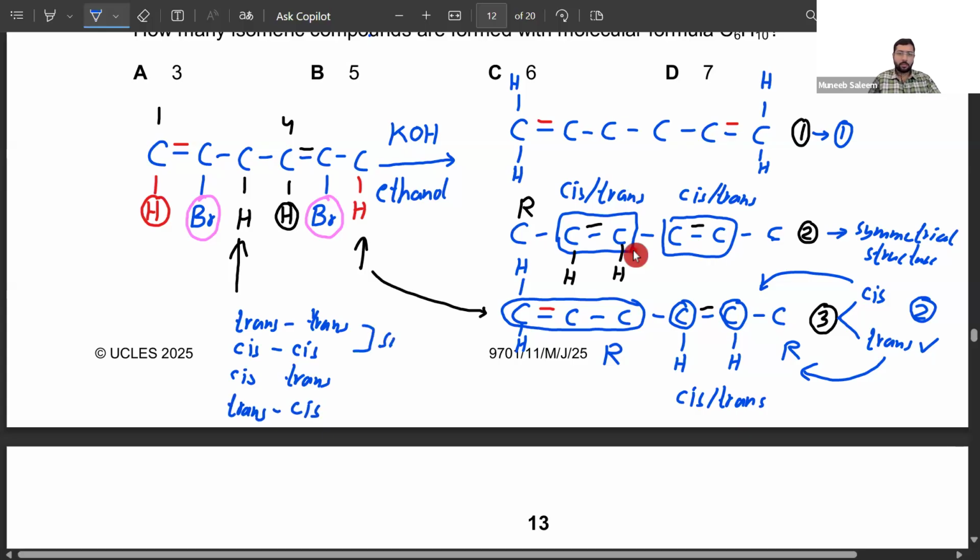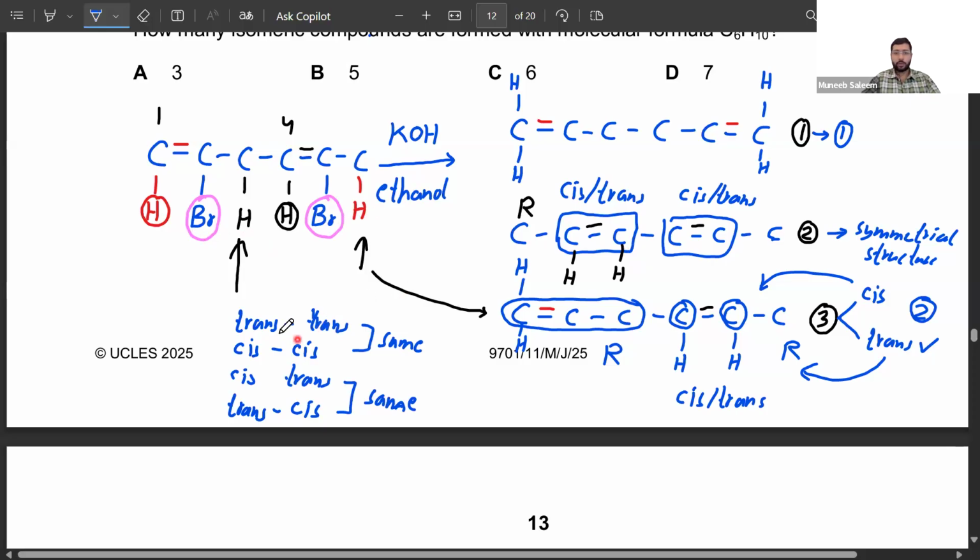Now, if you try to draw these structures, you will see that the cis-cis and trans-trans will have exactly the same type of compound. The structure will be the same for cis and trans. Similarly, if you draw these two, you will have similar positions of the double bond. You can tell these similar positions of the molecules on the basis of the position of the double bonds. They will have exactly the same positions. Just like I said before, when we try to remove the one hydrogen labeled red and the other hydrogen labeled black, either the one from the left and one from the right, or one from the right and one from the left, you will have the same position of the double bond.